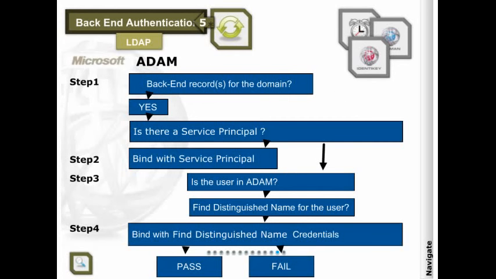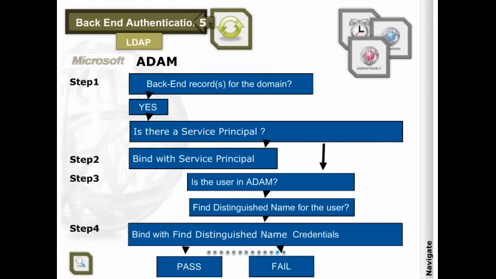Microsoft ADAM must be enabled with universal password and the end users must be enabled to manage their own passwords. The steps in backend authentication for ADAM are: Step 1. Identify the ADAM server based on the ADAM backend entries in Identikey server. Step 2.